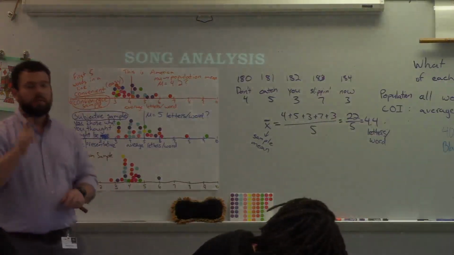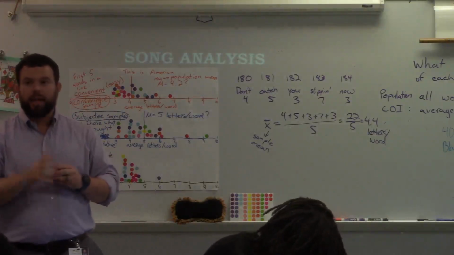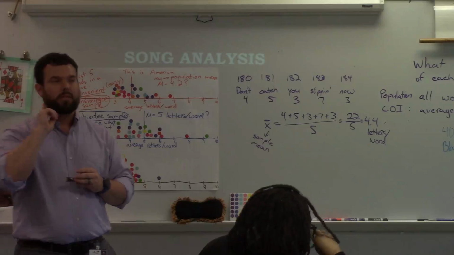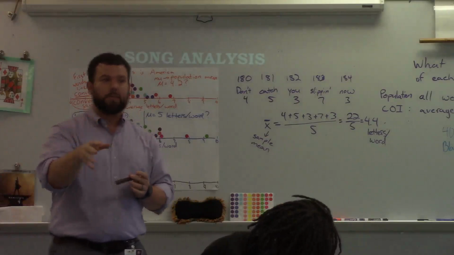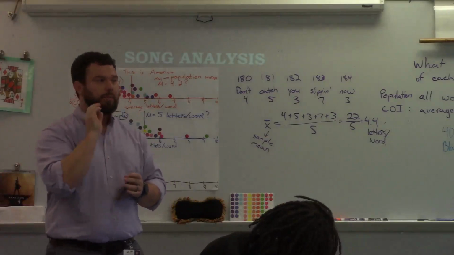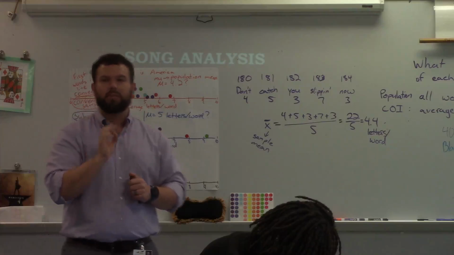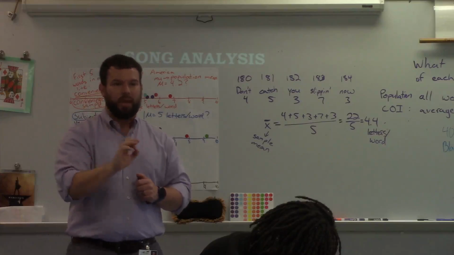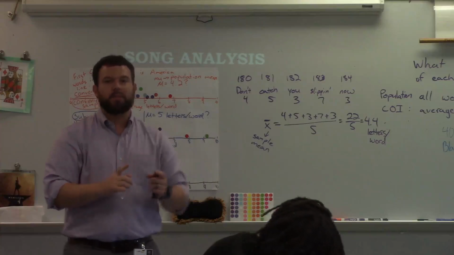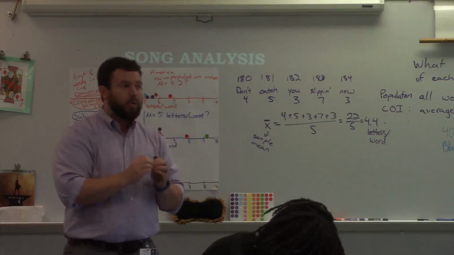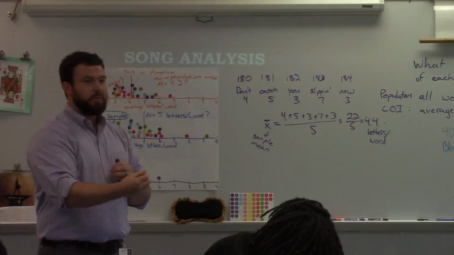Alright, listen. I know the mindset a lot of times is this: if I randomly pick, then it's random. I need you to hear me clearly on this. Unless you use a random number generator, it is not random.